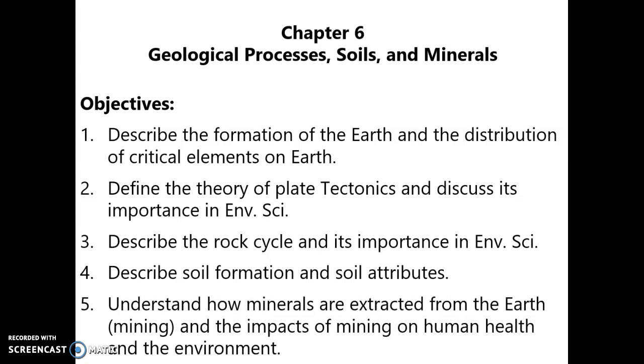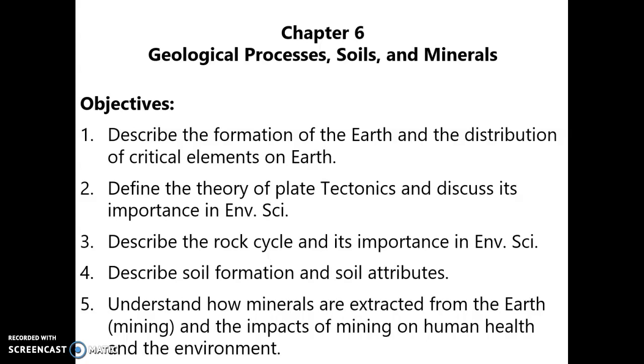And the fifth objective: understand how minerals are extracted from the earth, that's mining, and the impacts of mining on human health and the environment. So minerals, including things like aluminum, and also including things like coal in this case, are extracted from the earth through various mining techniques.